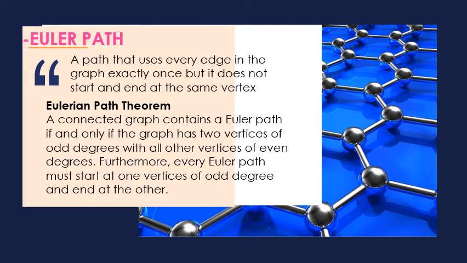So, it must start sa one of the vertices nga may odd degrees, kag ma-end siya dapat sa isa pa ka vertex nga odd man sang degree. So, take note of the Euler path theorem.